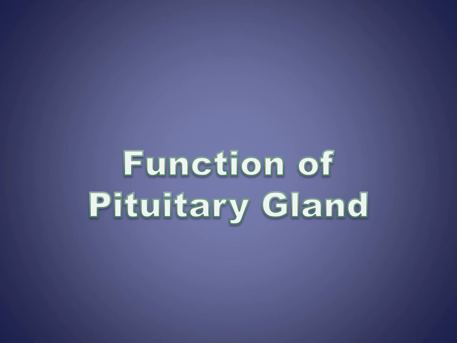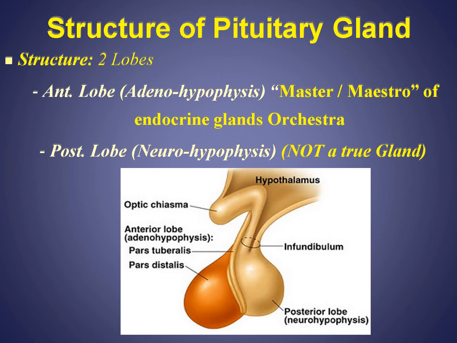Now we will discuss the function of the pituitary gland. Functionally, the pituitary gland is divided into two lobes: the anterior lobe and the posterior lobe. The anterior lobe is called adenohypophysis, which means, by adeno, it's an endocrine gland. So the anterior lobe is a true endocrine gland. It has another name, the master or the maestro of the endocrine gland orchestra, as we have in our BBL case.